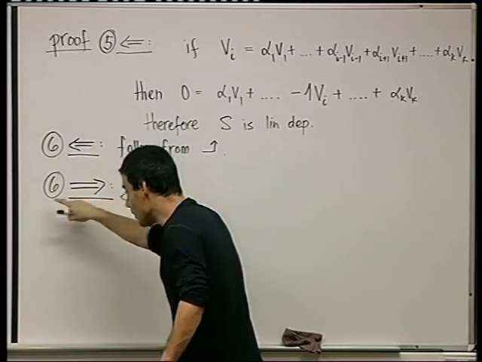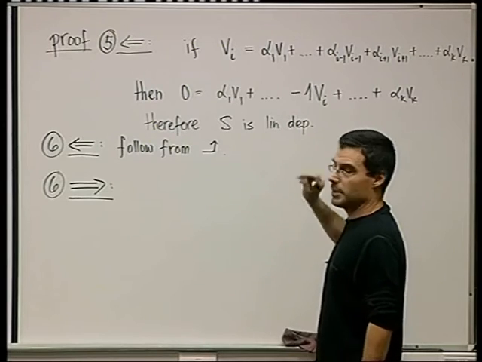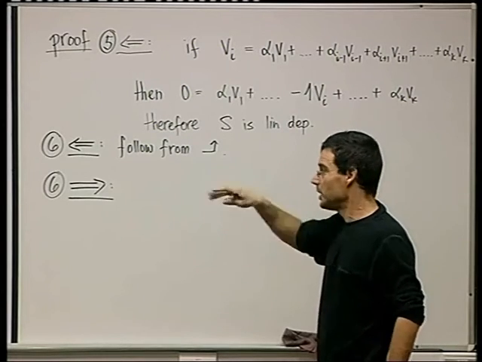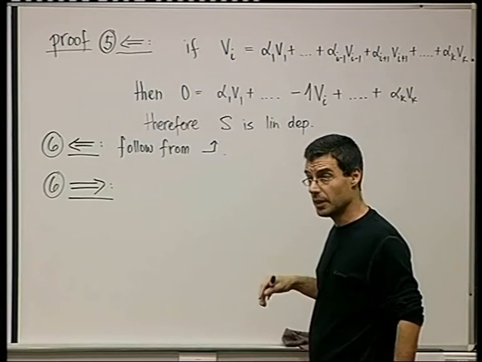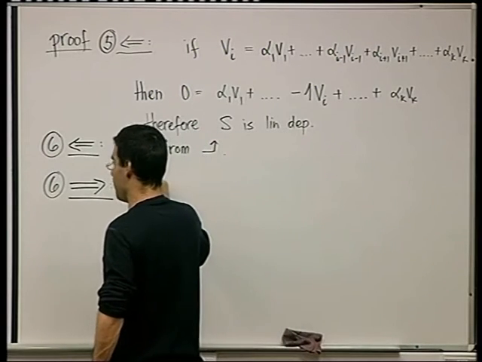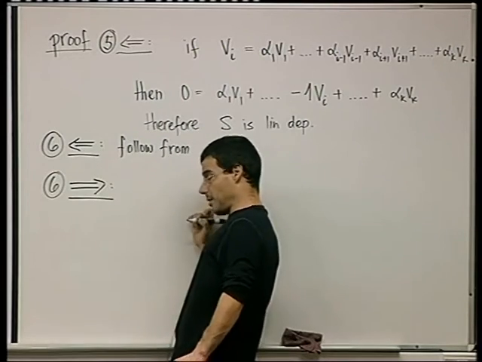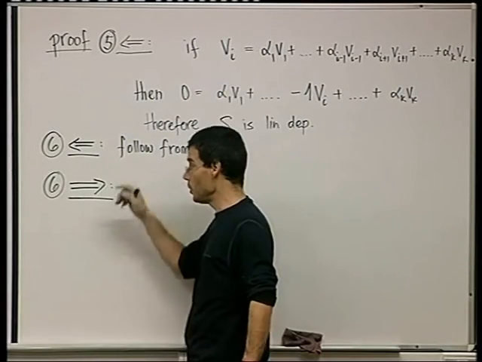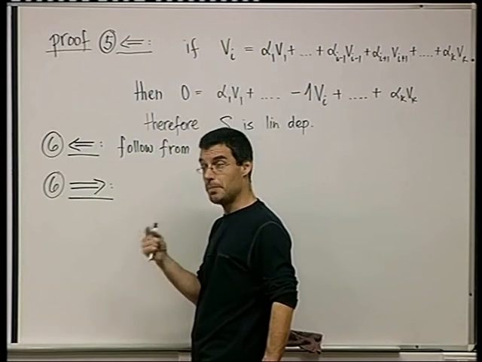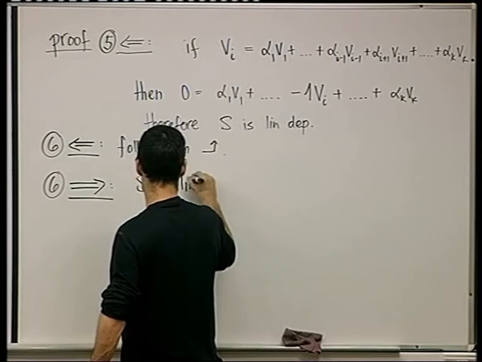Okay, so this is the only slightly non-basic idea that's hidden in everything we did so far in this lesson. Okay, so what do we know? We know that the set is linearly dependent, right? That's in this direction. The data, what we know is that we're looking at a linearly dependent set, right? So S is linearly dependent.